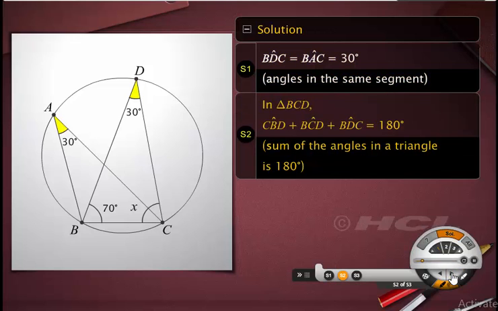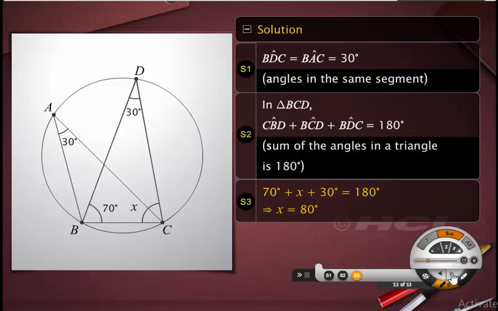We know that the sum of the measures of all angles in a triangle is 180 degrees. Therefore, in triangle BCD, the sum of angles CBD, BCD, and BDC is 180 degrees. Thus, on substituting the values, we find the value of x.